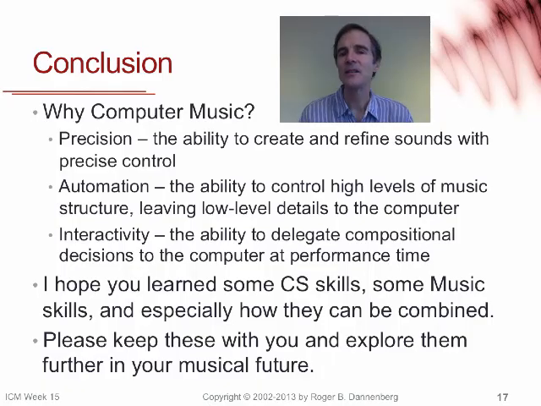The second thing is automation, the ability to control high levels of music structure, leaving low-level details to the computer. So we're talking about algorithmic composition and the idea that composition effort can take place at many different levels.